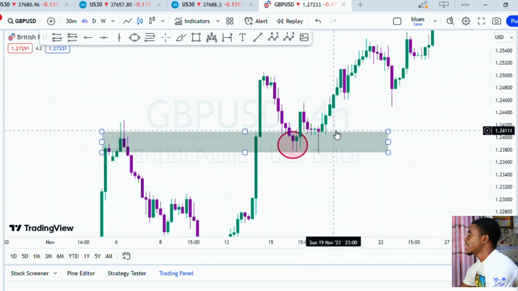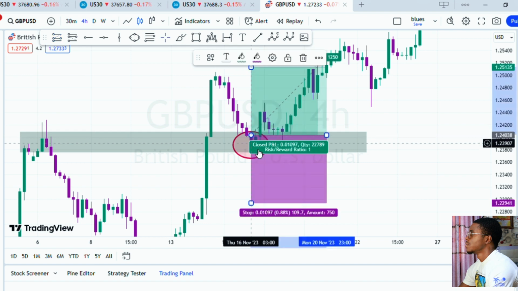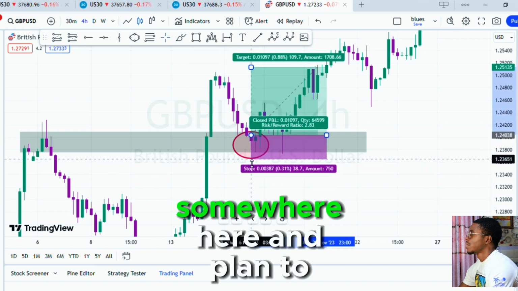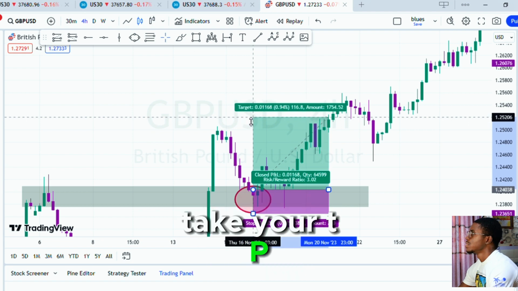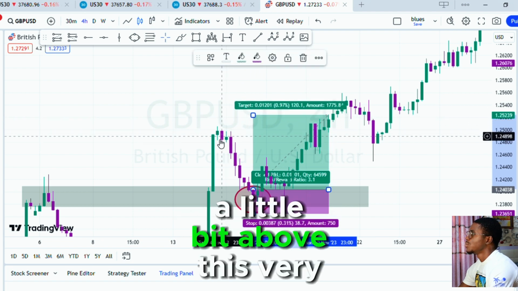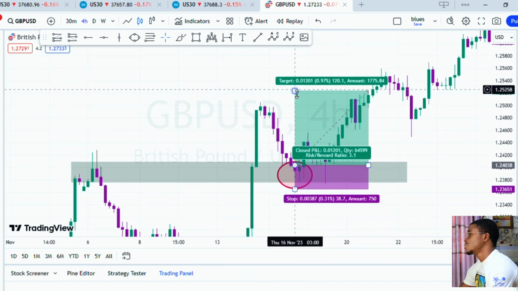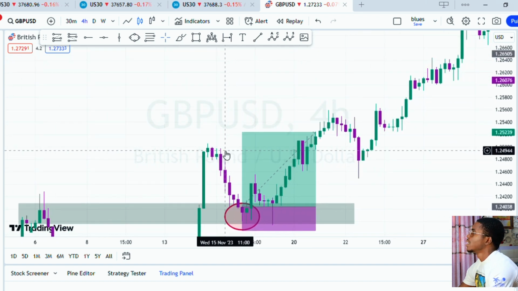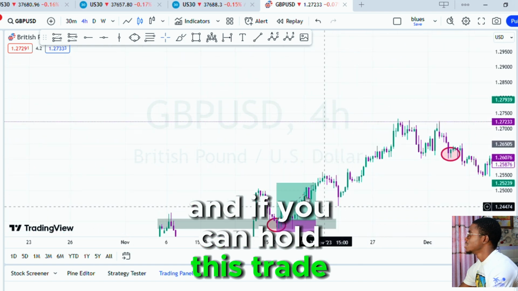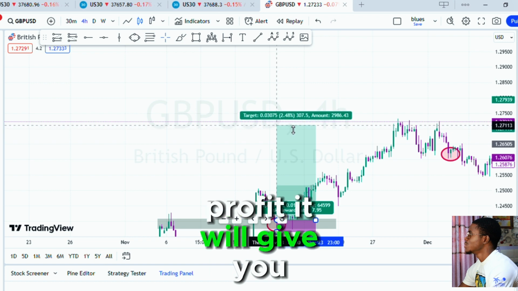As it traded back to that same zone and formed this hammer, if you enter this trade somewhere here, and plan to take your TP a little bit above this very high, that means you will TP around 120 pips. And if you can hold this trade, just imagine the kind of profit it will give you.